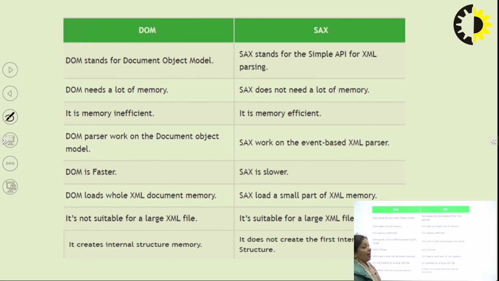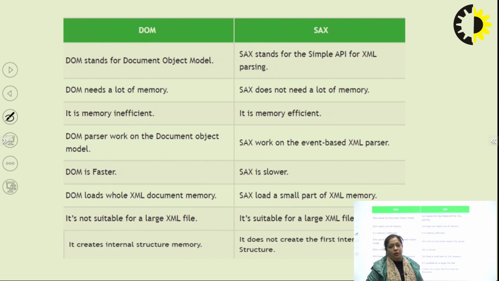Now, coming to the comparison between an object based parser, that is DOM, and an event based parser, that is SAX. The first difference is DOM stands for Document Object Model, whereas SAX stands for Simple API for XML parsing. So, a DOM parser is an object based parser, whereas SAX is an event based parser. Another difference is that DOM needs a lot of memory, whereas SAX does not.